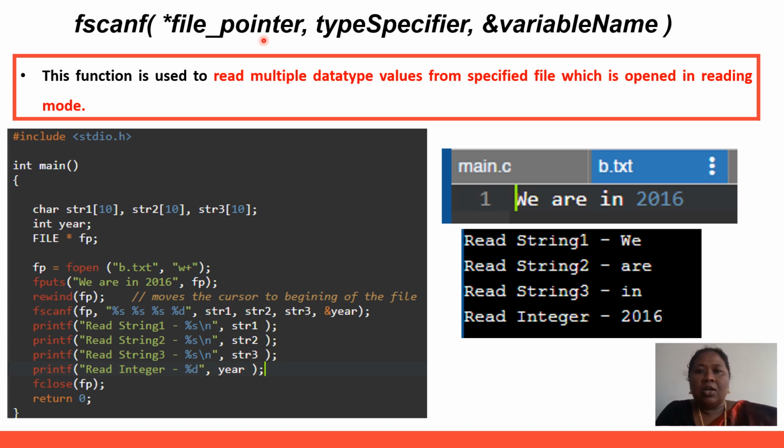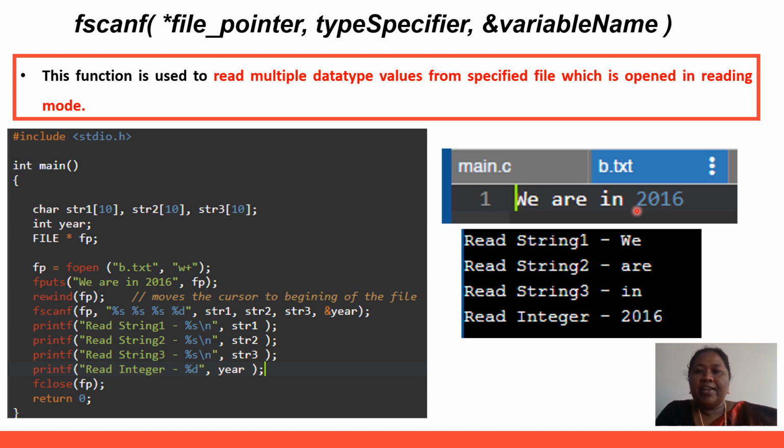It takes three arguments. The first one is the file pointer, the second one is the specifier. The specifier, if it is an integer, is percentage d, like that. And then the next one is the variable name, followed by an ampersand symbol. So what is the use of fscanf? It can read multiple data type values.